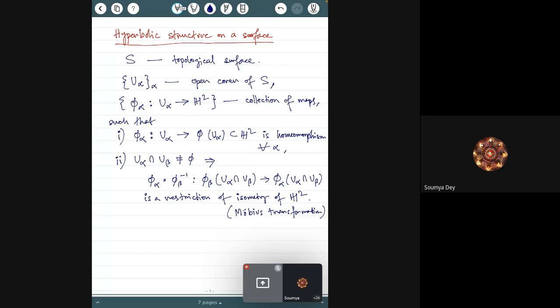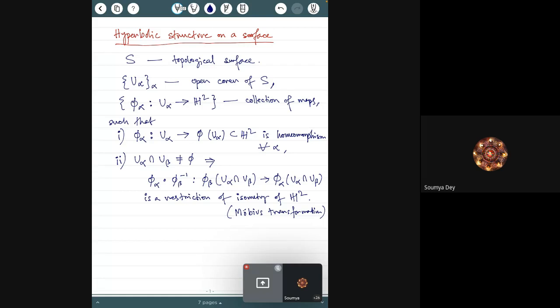And suppose you have two elements, U alpha and U beta, from your open cover. Suppose they intersect, so their intersection is non-empty. Then you consider the composition of phi alpha with phi beta inverse, which is defined from phi beta of U alpha intersection U beta to phi alpha of U alpha intersection U beta.